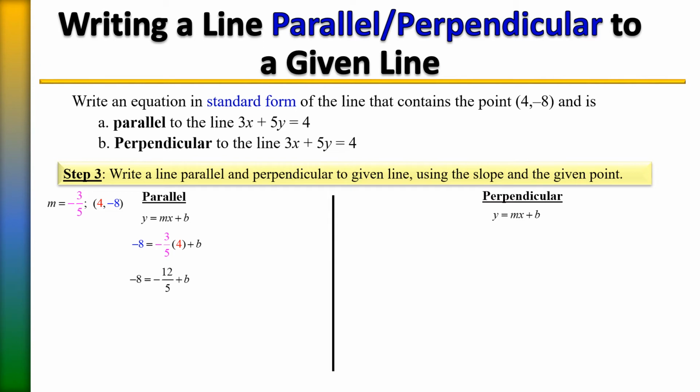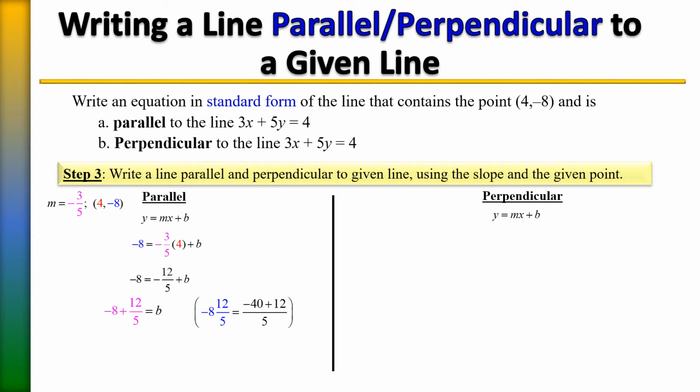Last step to solving for b, we're going to have to add 12/5 to each side. Now on the left side there, you need to combine those two numbers. You have a whole number and you have a fraction. One quick way to combine a whole number and a fraction, you can simply put them together. Here you have a negative 8 and you have 12/5. If you put them together, you have negative 8 and 12/5.